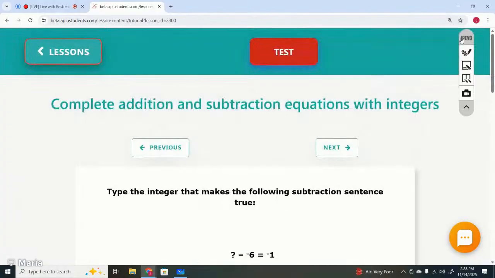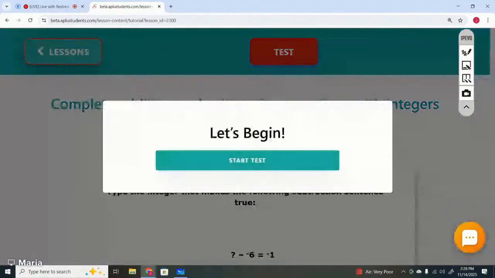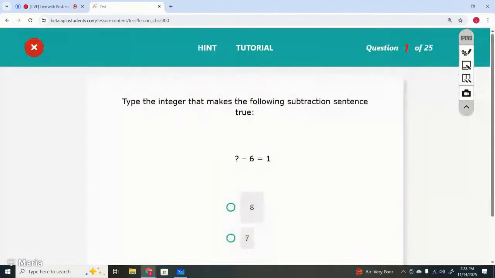Let's just start with the test questions. Type the integer that makes the following statement true.